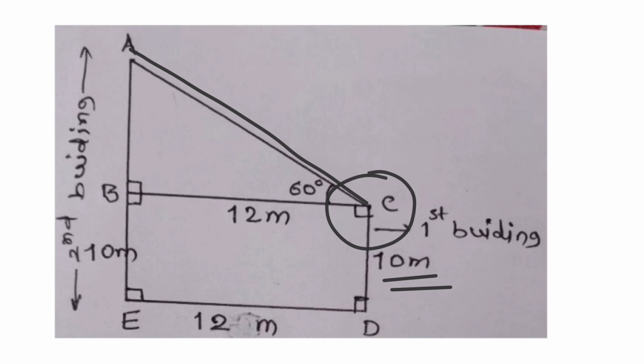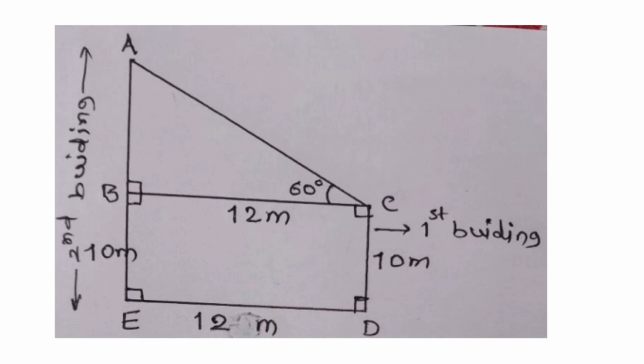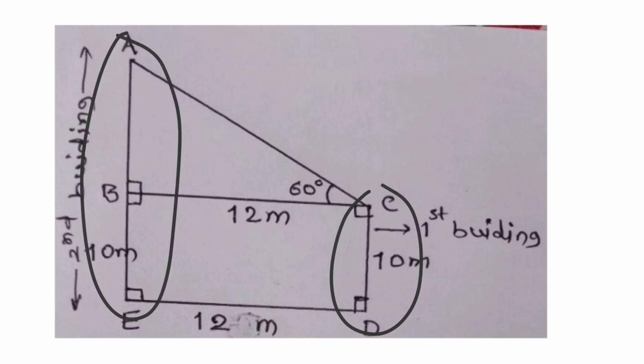then makes an angle of elevation 60 degree with the horizontal. With the horizontal means that is segment BC. Okay. Now here this is the first building and this is the second building. And segment DE is the ground.